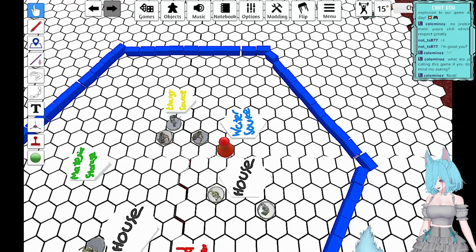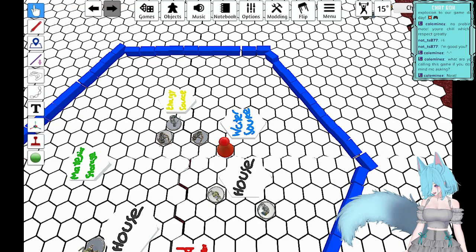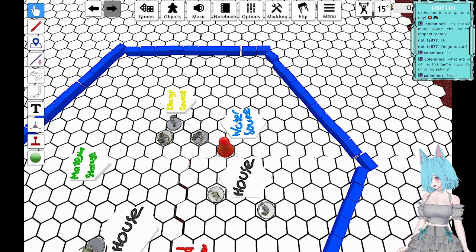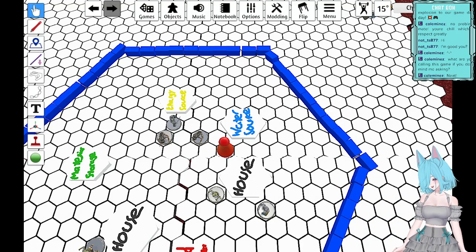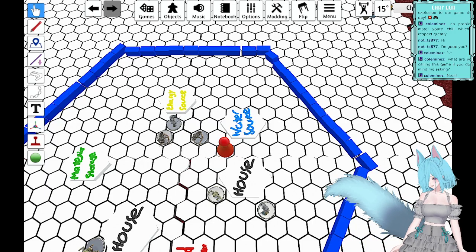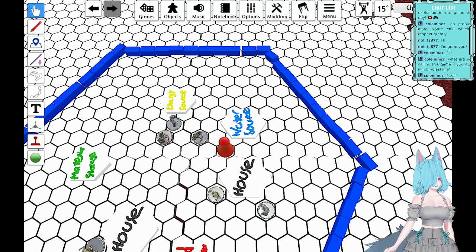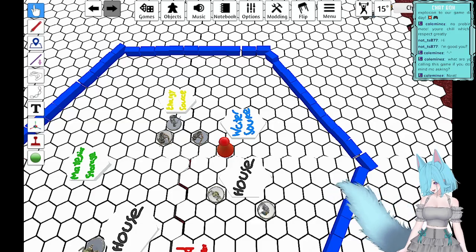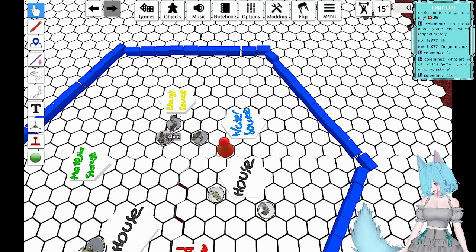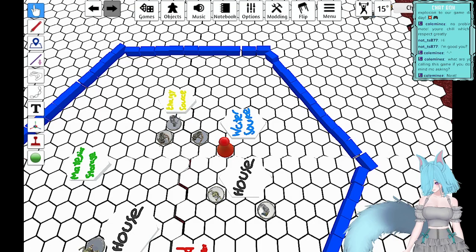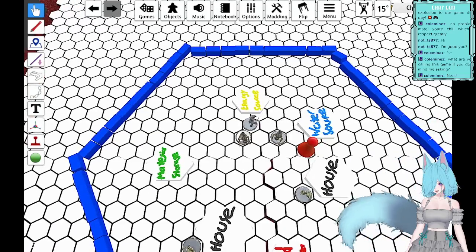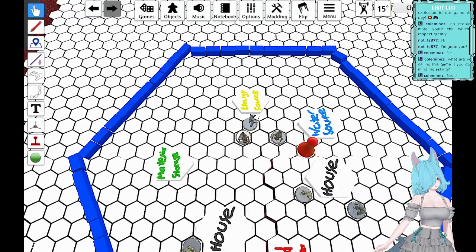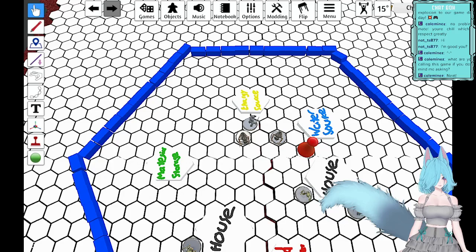But let's see what this guard does, because he's very likely to fight this alien who's just chilling next to him. Or he's gonna walk somehow in a way that he either spots us, which would be bad, or he's gonna spot one of the two aliens.